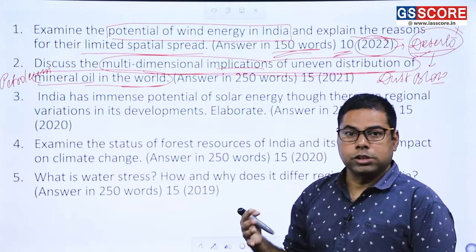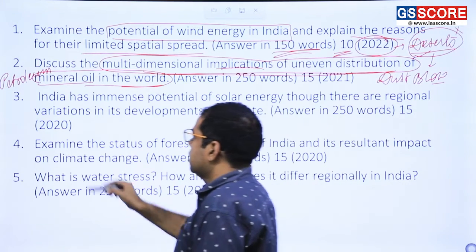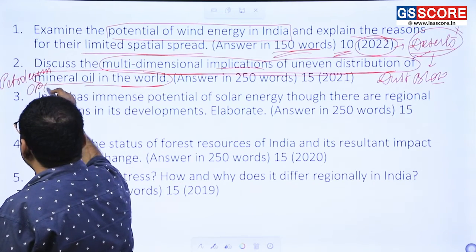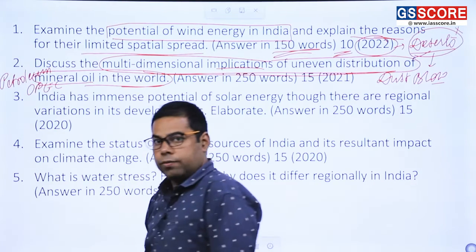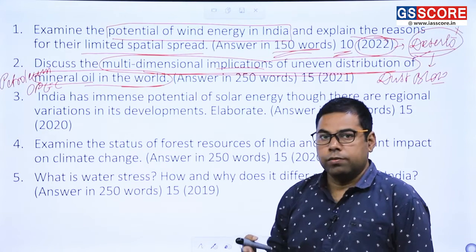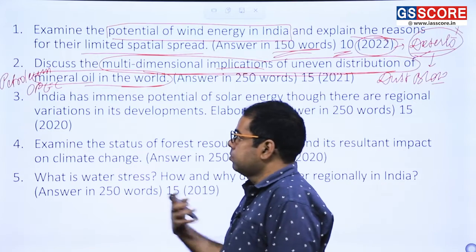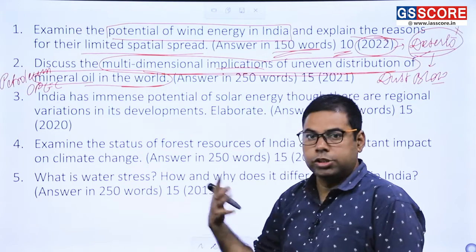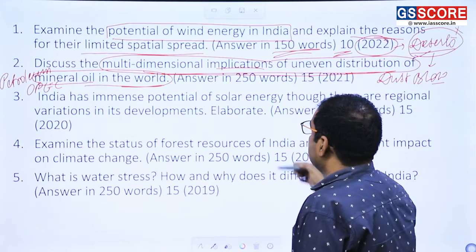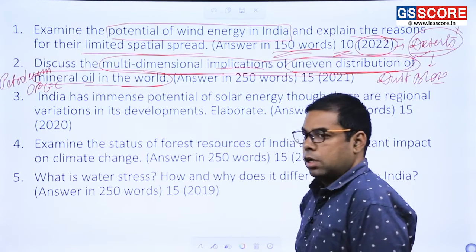There is a diversity, there is a monopoly: the OPEC countries have a monopoly in terms of deciding the price. They also have a monopoly in terms of the amount of crude oil produced, and only then will they distribute it. So that is a multi-dimensional implication of the uneven distribution, right?